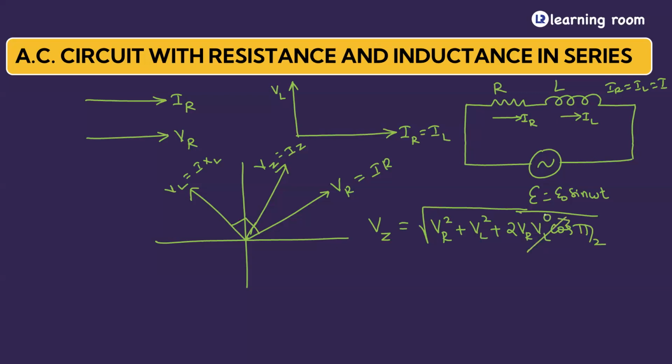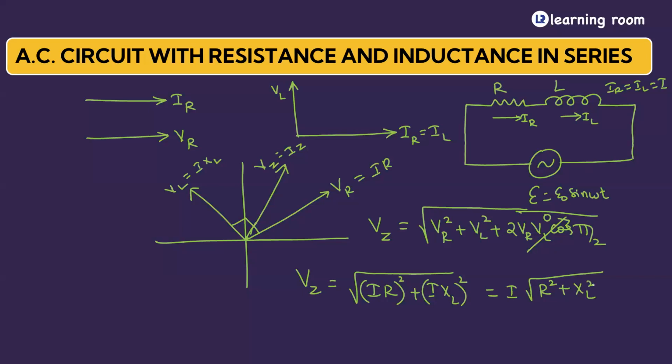So Vz will be equal to how much? Vz will be equal to root of IR the whole square plus I into XL the whole square. Right. So what will you take out? You take out I outside. I into root of R square plus XL square will come out to be Vz. But what is Vz? I've already written Vz. It is I into Z. So what will get cancelled? I and I will get cancelled.